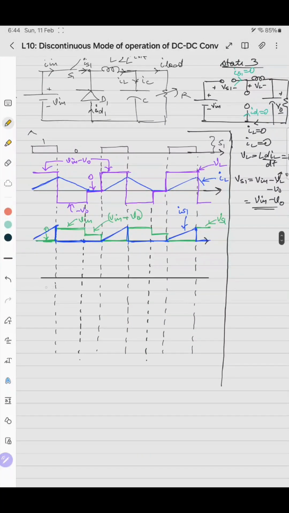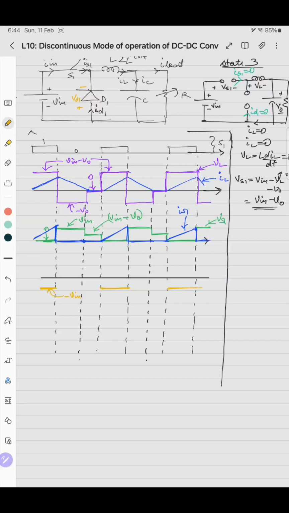The voltage across it is minus V in. This value is minus V in because VD1 is plus minus this. So the voltage across the diode is minus V in.